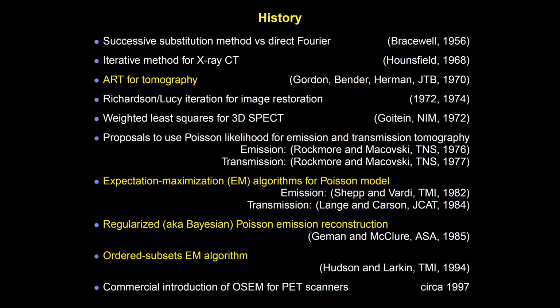So you see, it takes so long for an algorithm that works in an academic setting to go to the commercial scanner. And the OSEM algorithm is a very simple algorithm, but this is one of the most cited papers in our field. So this is the history.